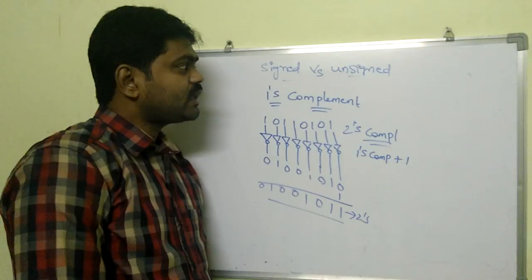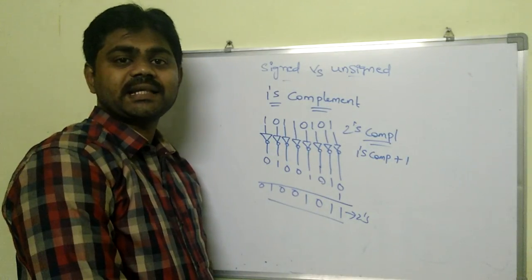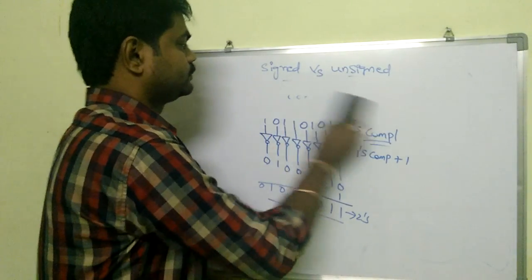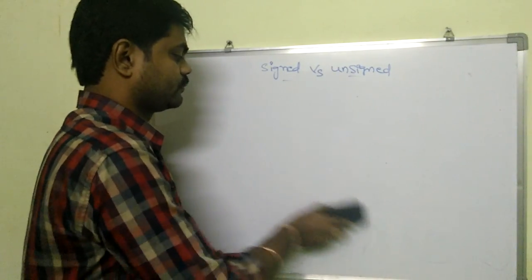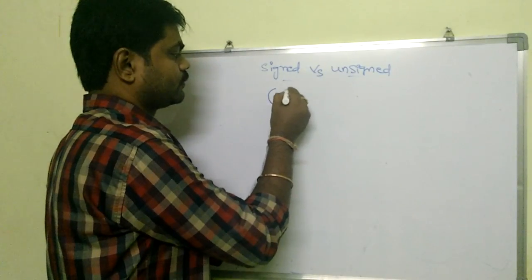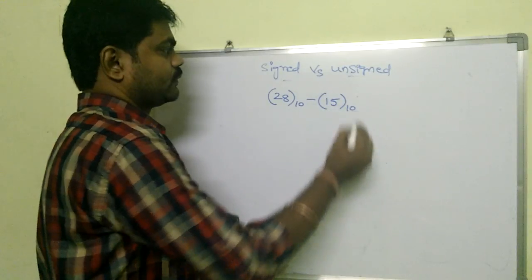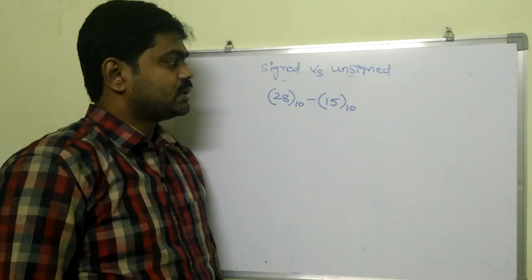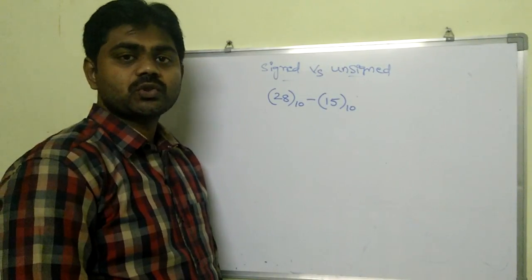So now we'll see the major addition for unsigned numbers. For example, let me take an unsigned number. For unsigned operation, I need to apply 1's complement as well as 2's complement.